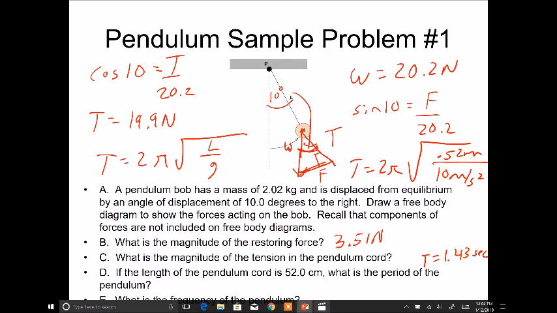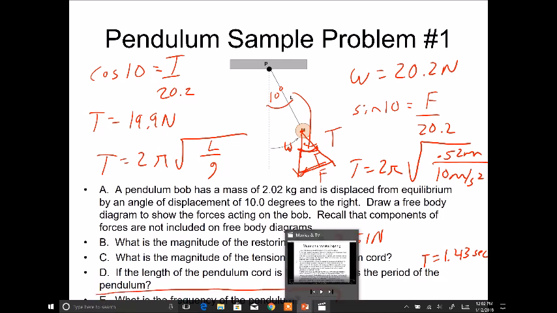And then finally, it asks for the frequency. Remember that the period is equal to 1 over the frequency. They're inverses of each other. So our frequency is going to be 1 over our period, which in this case is 1 over 1.43 seconds.